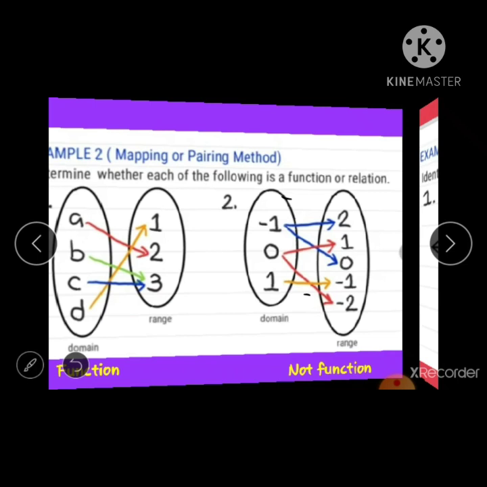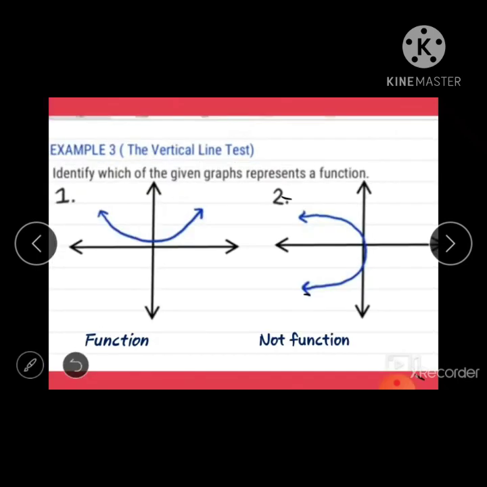Using the vertical line test, the technique is simple. Put a vertical line on the graph, and to be a function, it should pass the graph only once. If you put a vertical line anywhere on the graph, it should cross once. If it passes twice or more, it is not a function.